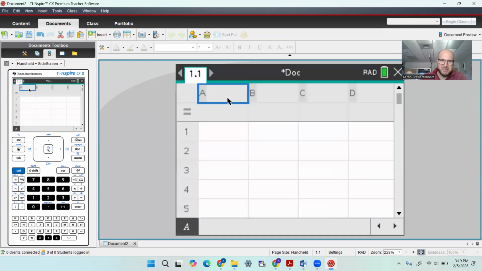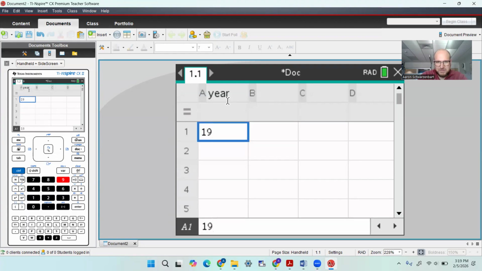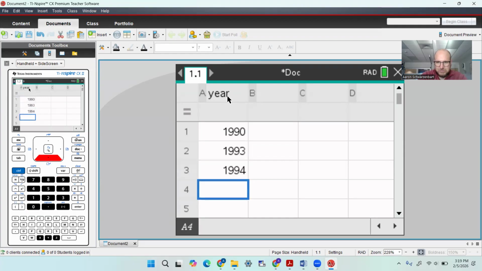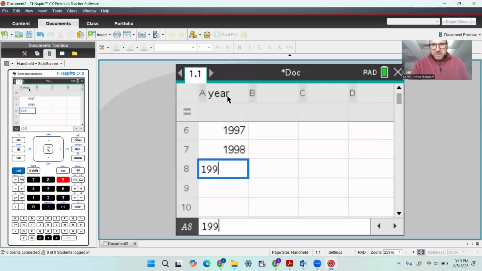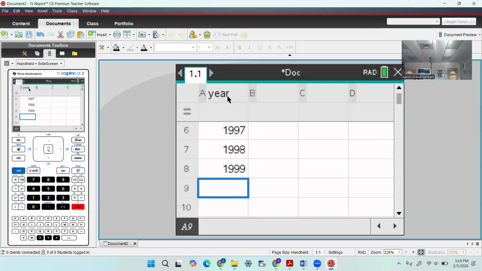So I do a list and spreadsheet, year, wrong year there at the end. And I'm going to grab a book here so I can actually look at the data, make it easier.